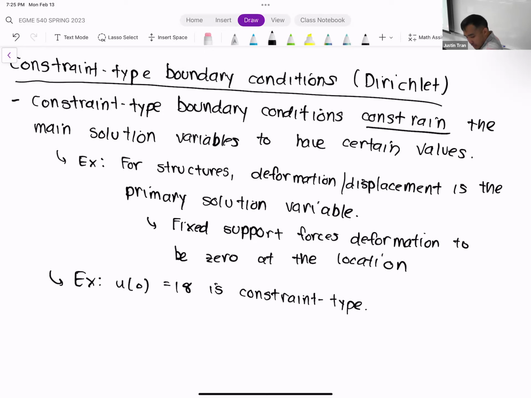Why is that? When we're solving this equation, u here is our primary solution variable, right? Since we're forcing u to have a value of 18 at the origin, this counts as a constraint type boundary condition.